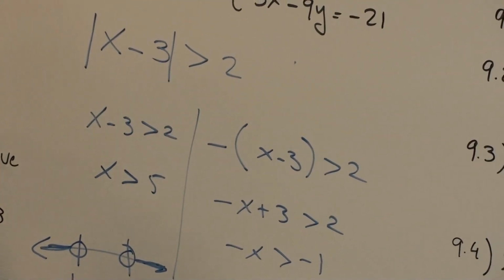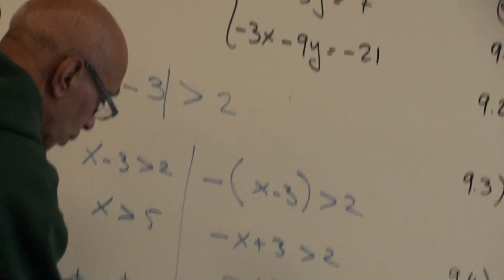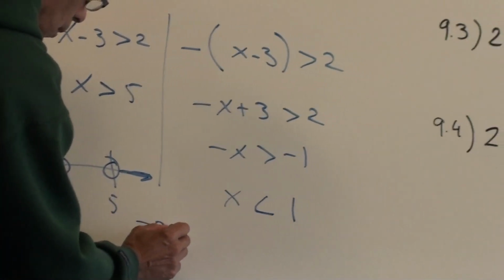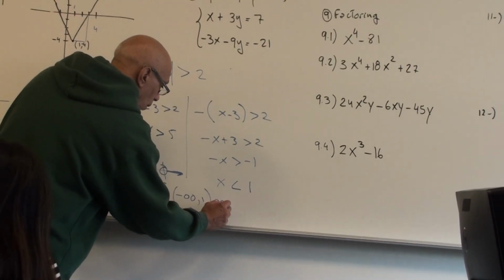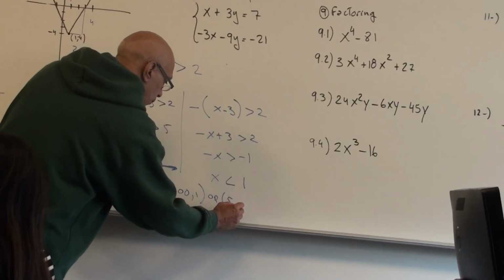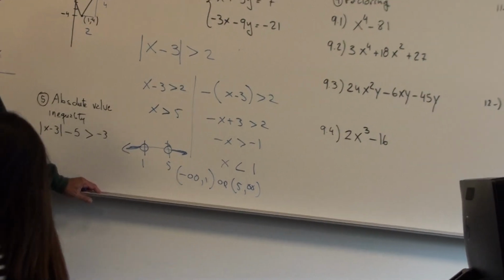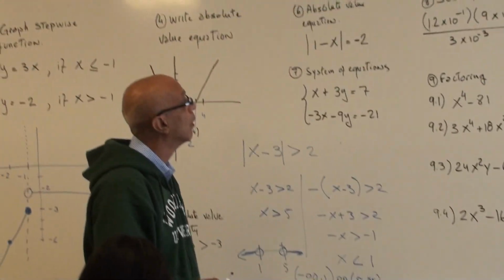If I were to do interval notation, sometimes interval notation is required, it would be negative infinity to 1, or 5 to positive infinity, okay? It's important to learn how to do interval notation as well.